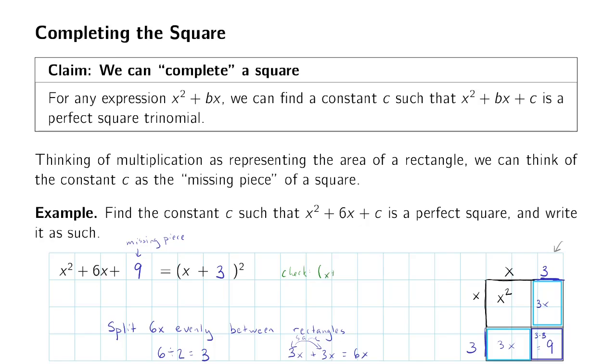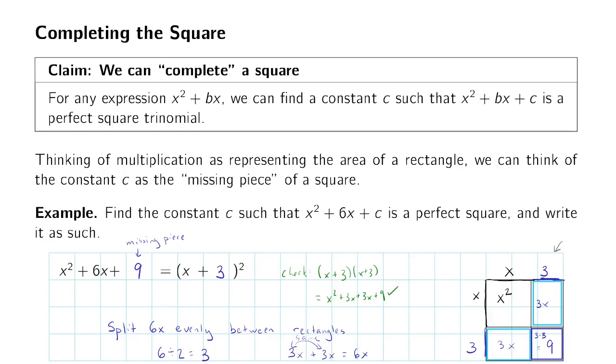Right? x plus 3 times another x plus 3 gives me an x squared plus 3x plus another 3x plus 9. And when I combine those like terms, I really do have x squared plus 6x plus 9. So in finding this constant, I'm finding the missing piece of my big square.